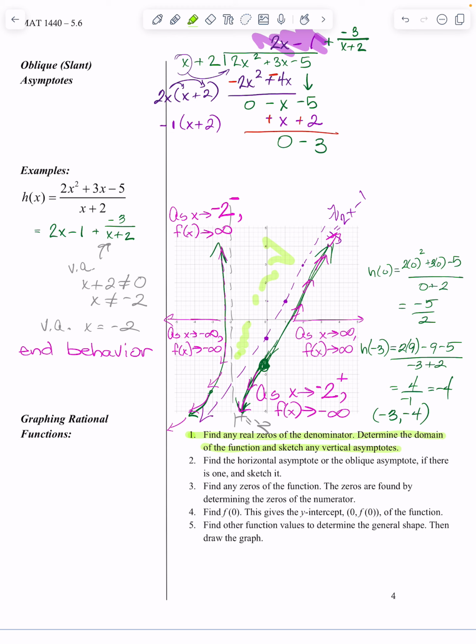Okay. Second thing we're going to do is find the horizontal asymptote. Keep in mind we are comparing degrees of numerators and denominators. And then we are looking for zeros. Any zeros of the function, keep in mind those are our x-intercepts.